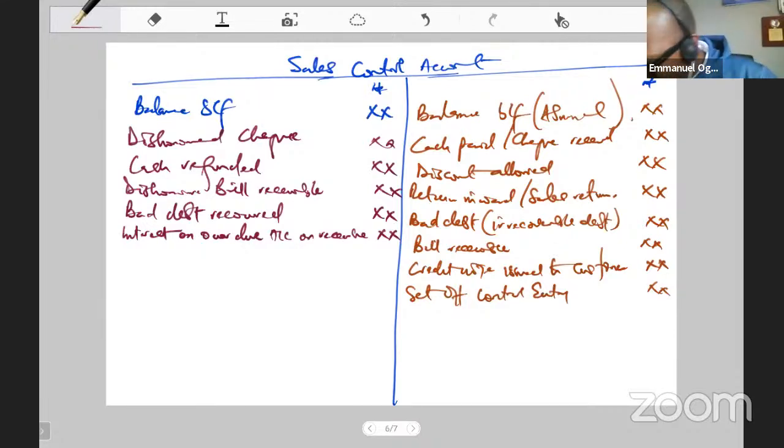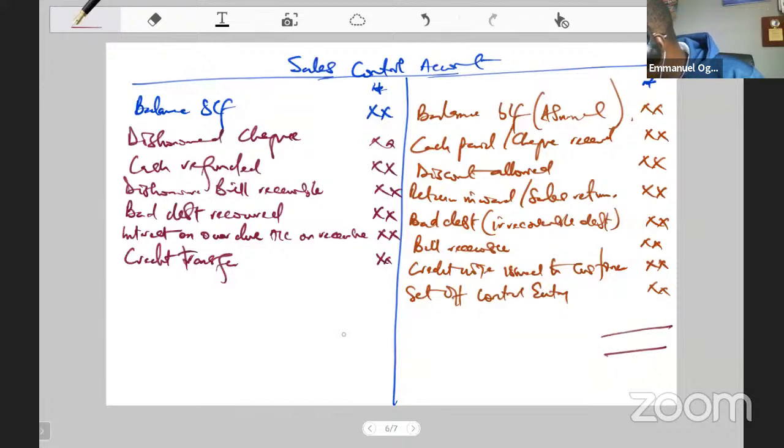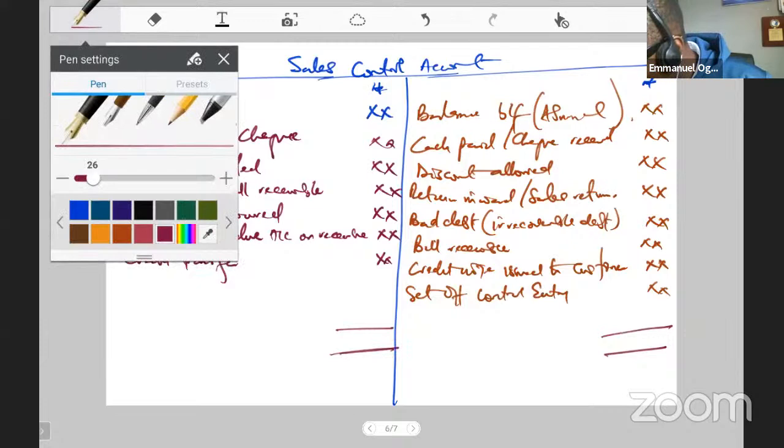You can also have what is called credit transfer. You can transfer your credit to your receivable. All that we have done now is very, very simple, and I always tell my students this because of where we are going.